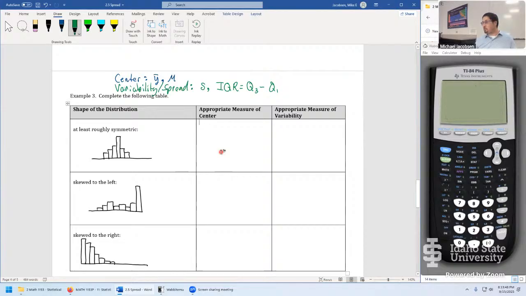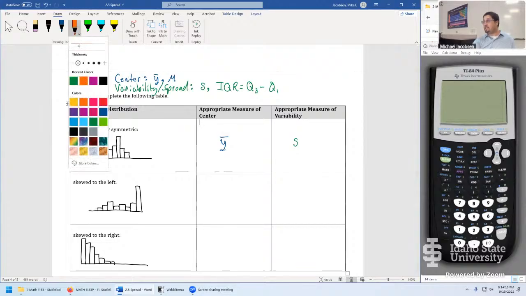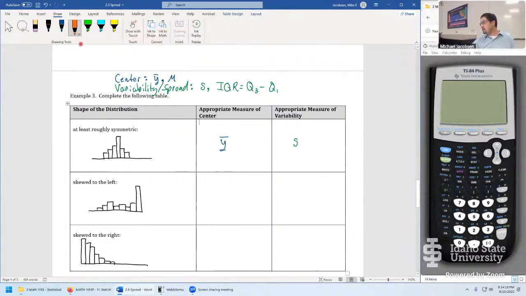And I'll start off with row 1. The data is at least roughly symmetric. When it comes to the center, we prefer to use y bar, and we're pretty forgiving with this. Data has to really start looking bad before we decide y bar is no longer a good measure of the central value. We need the median M instead. Now, once we've made a choice here, it in fact immediately applies to S. So the big comment is that y bar and S go together.